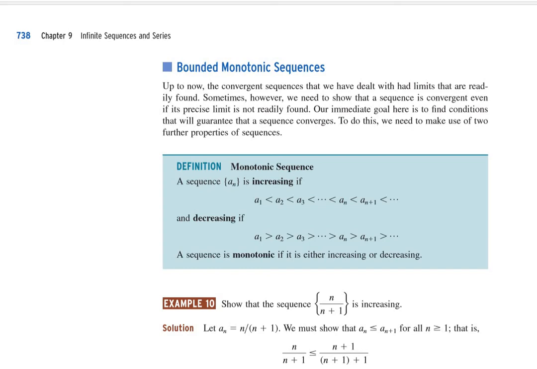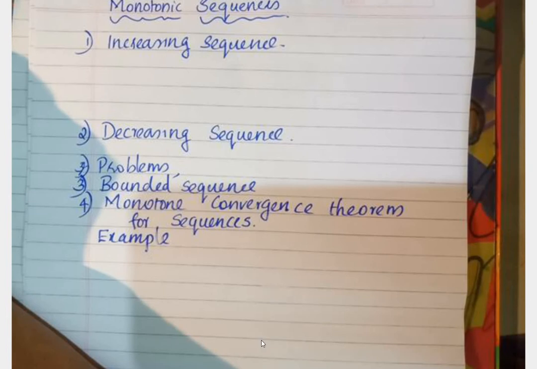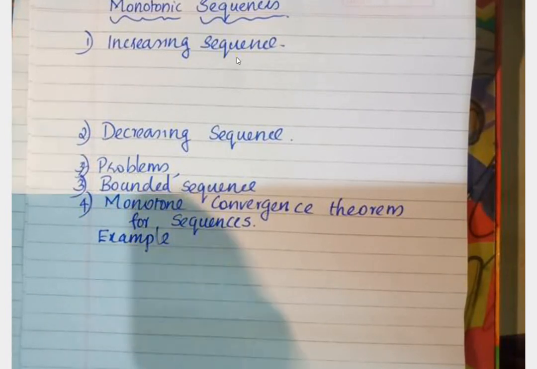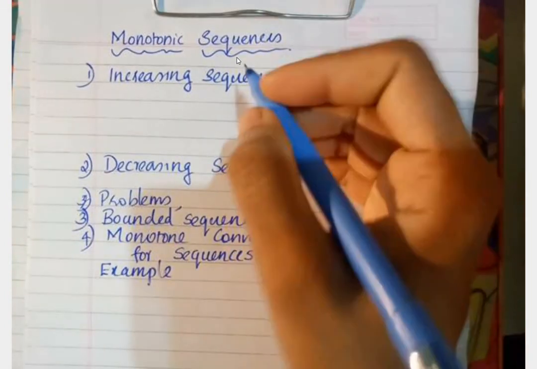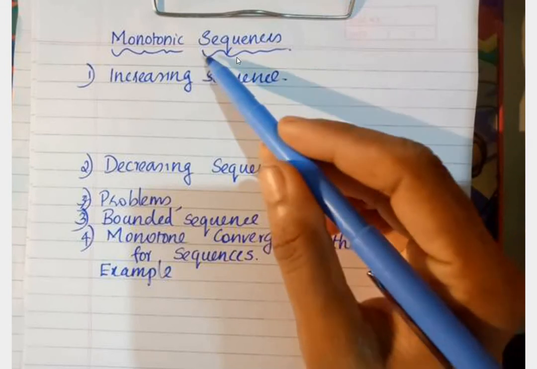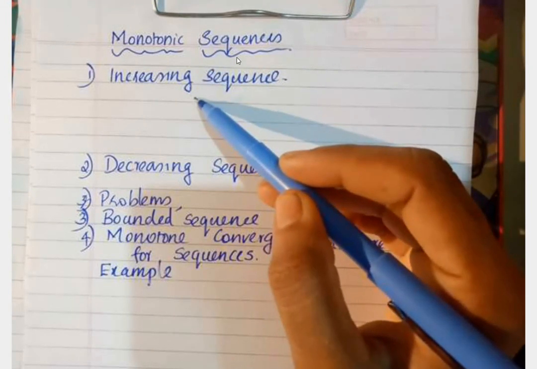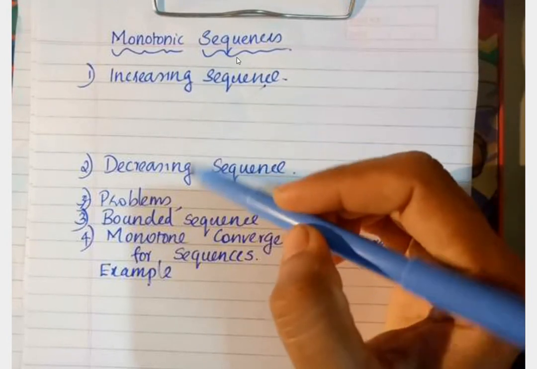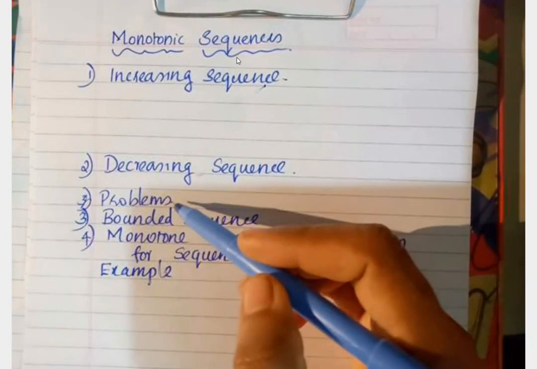First of all, we are going to deal with what we mean by a monotonic sequence. And in this video, I would like to explain these things. Under monotonic sequences, I have included the increasing sequence, the decreasing sequence, and problems related to them.